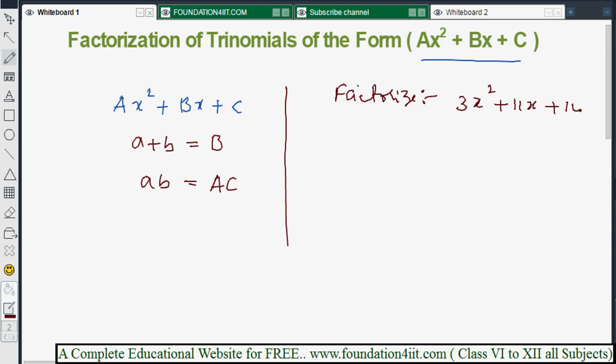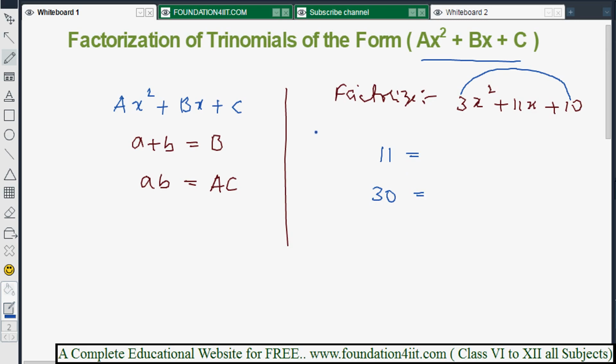Here a is 3, b is 11 and c is 10. If I add the two numbers, I should get 11, the middle coefficient. And a is 3, c is 10, so 3 into 10 is 30.